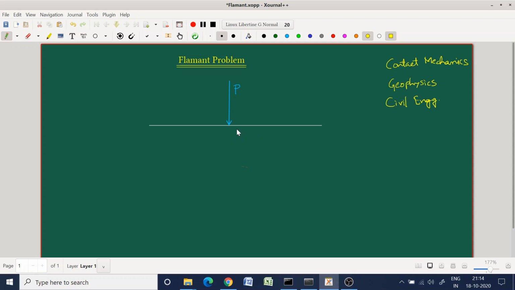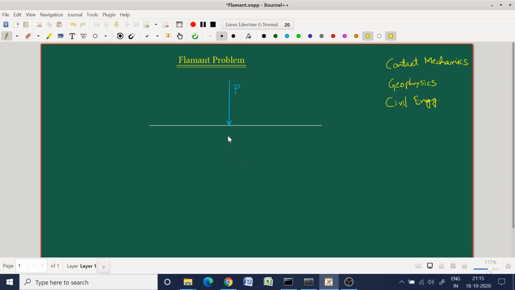Now on this half space, we are looking at it from sideways, we have this kind of a load, and the question that we ask ourselves is that as a result of this load, what is the stress distribution in this entire half space region? And that's a very important question.